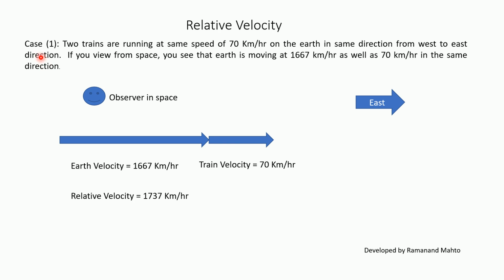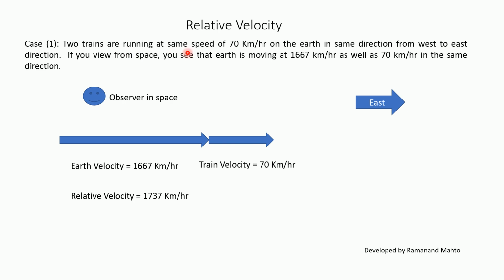Relative velocity. Case 1: a train is running at the speed of 70 km per hour on the earth in the same direction from west to east. No, it's wrong, not two trains, only one train.